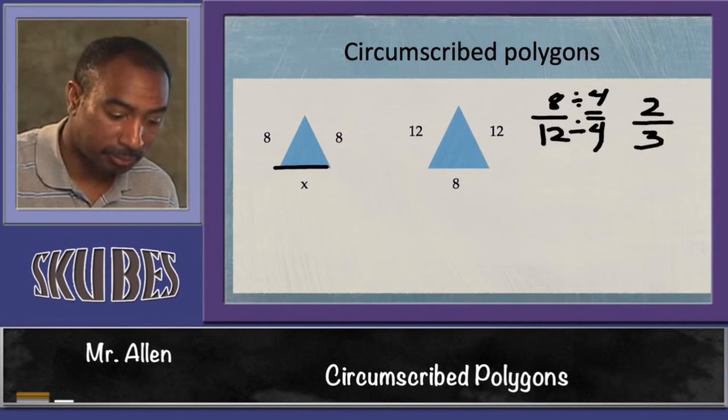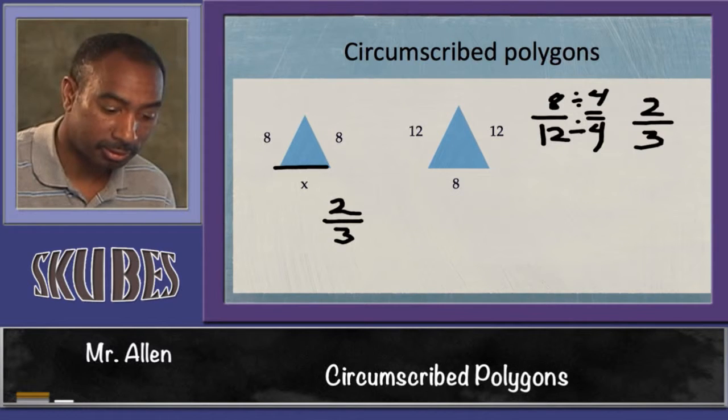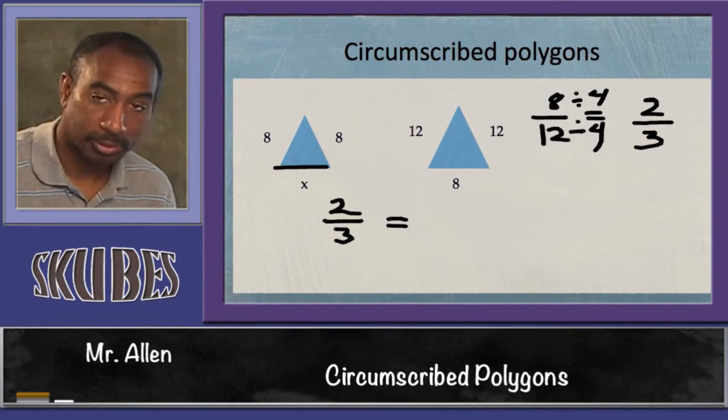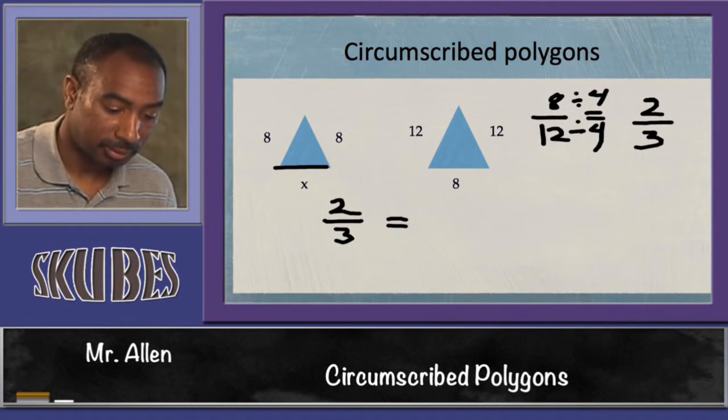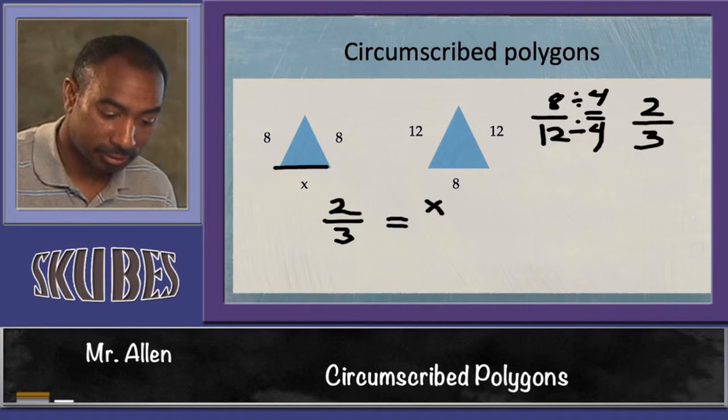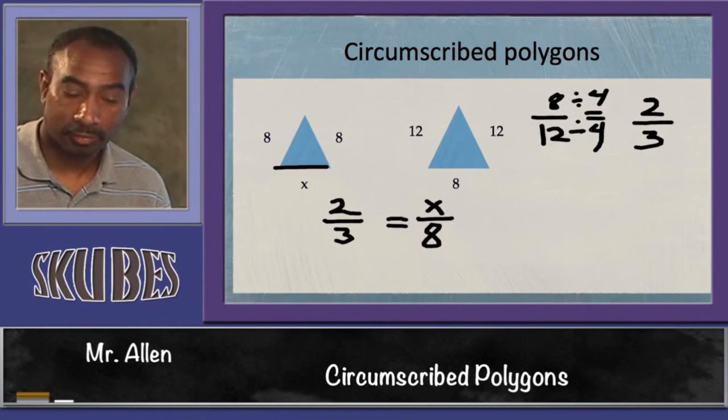So the setup will be 2 to 3. Remember, I'm going from small to large, so I have to go from small to large in my next proportion. So I have x is to 8. And what you're going to do is solve that proportion.